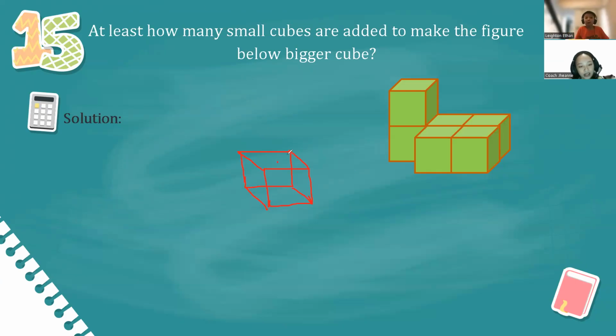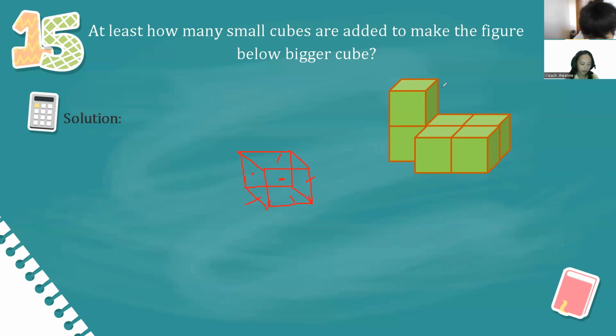One here, one here, one here, one here, this one, and this one in the front. So it's a total of 1, 2, 3, 4, 5, 6. Now, the problem is asking how many small cubes we should add to make the figure below a bigger cube.